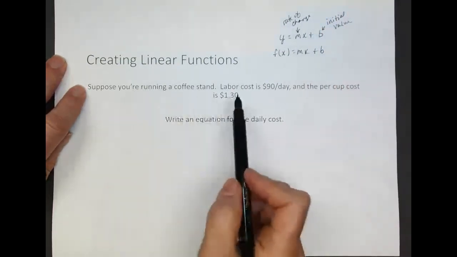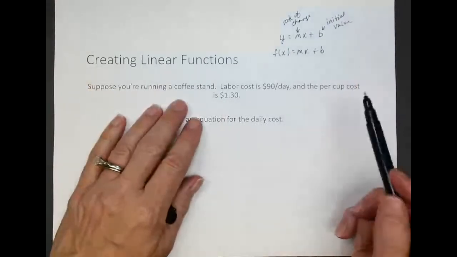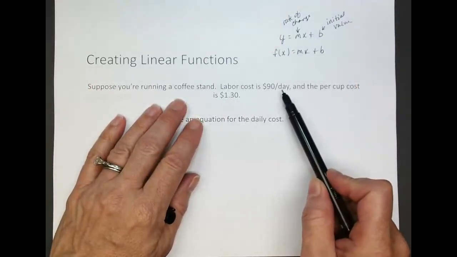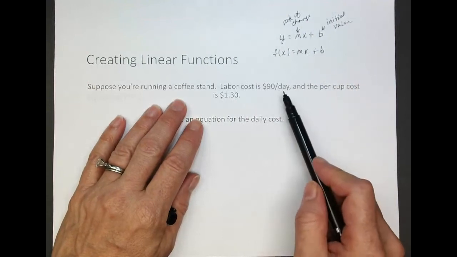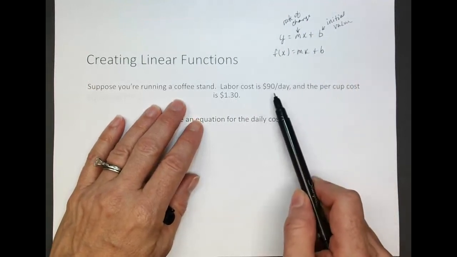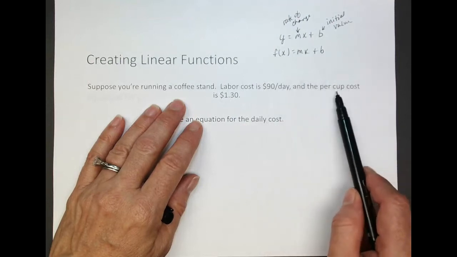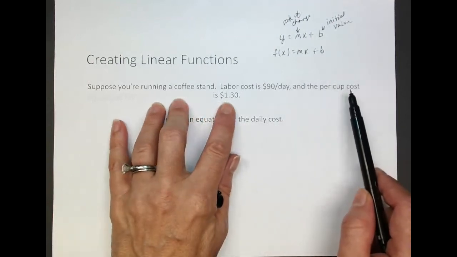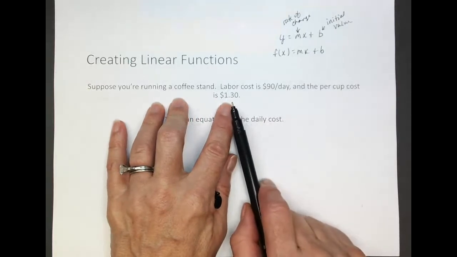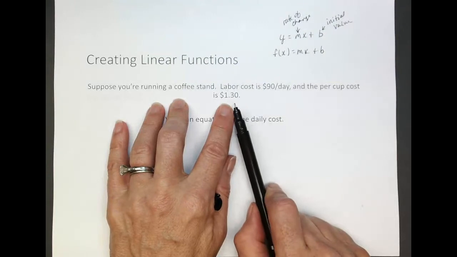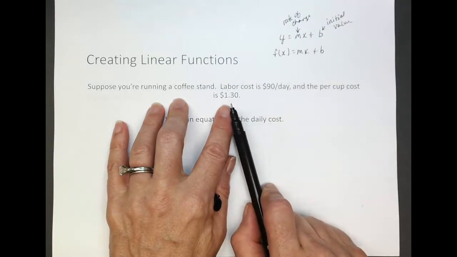Here we have a situation. Suppose we're running a coffee stand. Labor costs $90 per day, whether you work there yourself or you hire somebody and pay that person $90 a day. And then each cup of coffee costs $1.30. That's the cost of the cup itself, the coffee beans, and any condiments that go in that coffee.